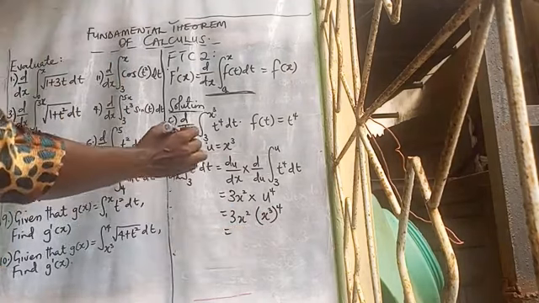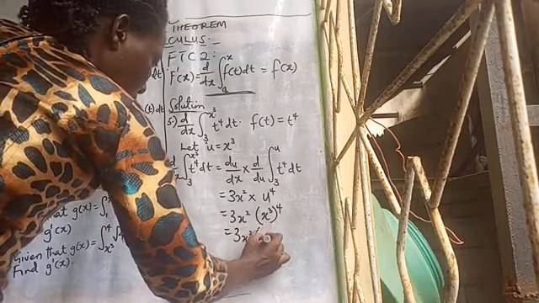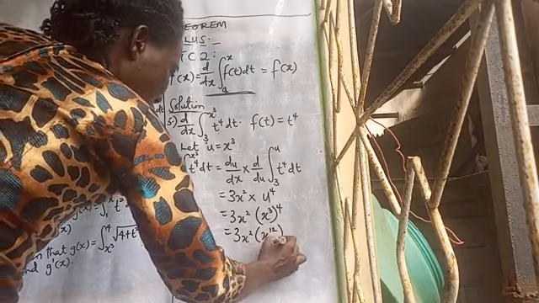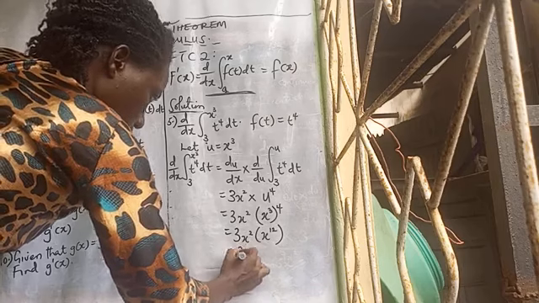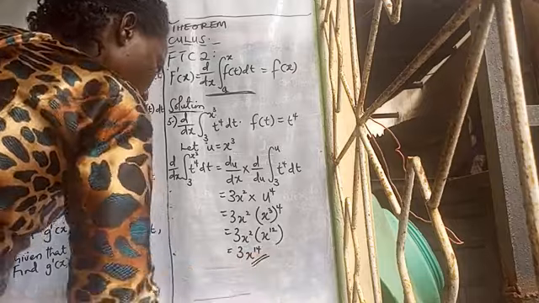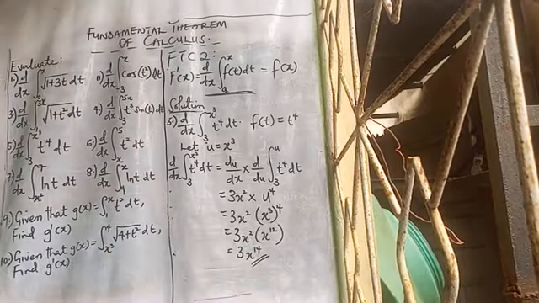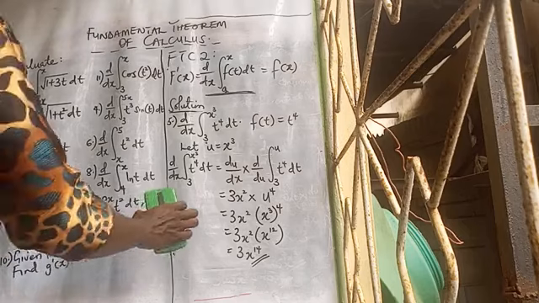And that is 3x squared times x to power 12. That gives us what? 3x to power 14. We will look at the next one and see how it goes. Question number 6.